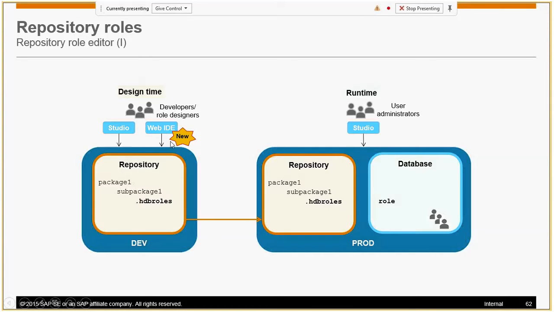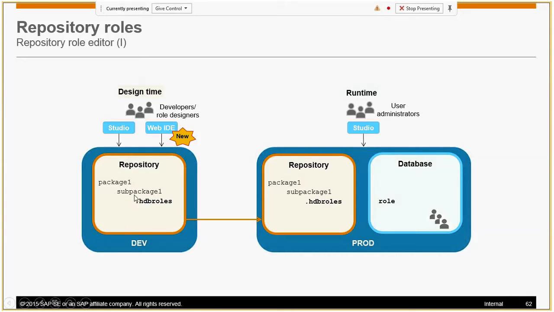And in the web IDE, I can also do it graphically. There is a graphical view that I can use to create a repository role in a way that is really similar to the graphical environment I have in HANA Studio to create the catalog role. When I do that, I save my role in the repository under a specific package, maybe also a sub-package. Afterward we will see that in detail.